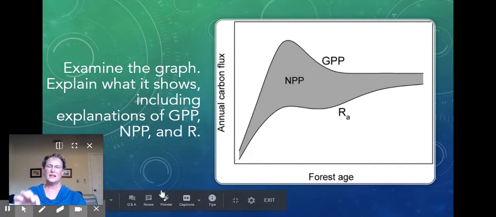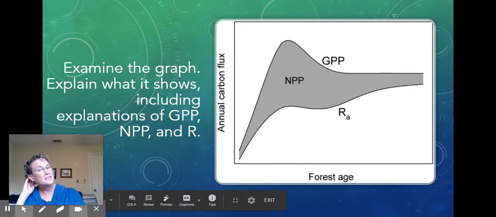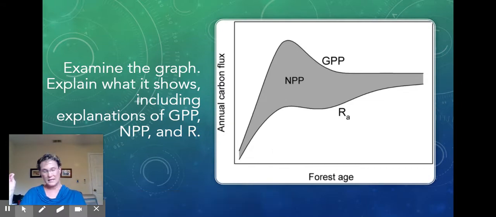Yes. An explanation of gross primary productivity, net primary productivity, and then respiration. Over time in a forest, you're trying to figure out what the annual carbon flux is, how much actual biomass is being made that can be used by herbivores.